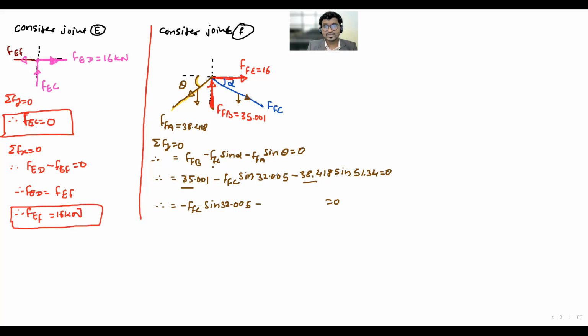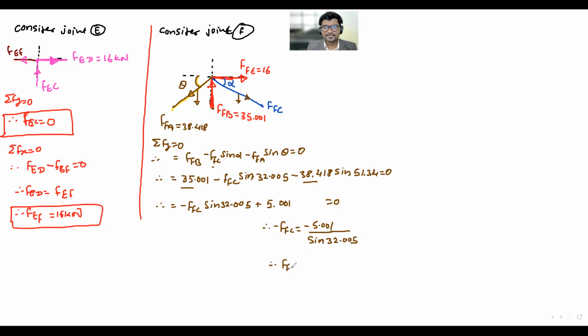Plus here. It comes plus, how much? 5.001. Okay, therefore minus FFC is equals to minus 5.001 divided by sine of 32.005.